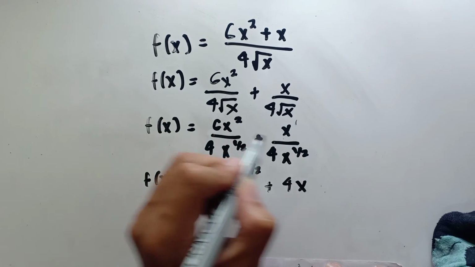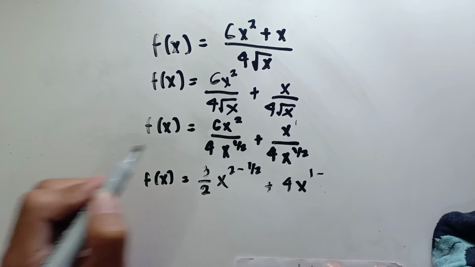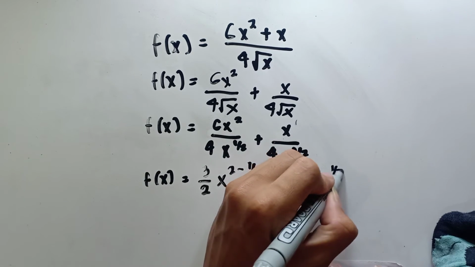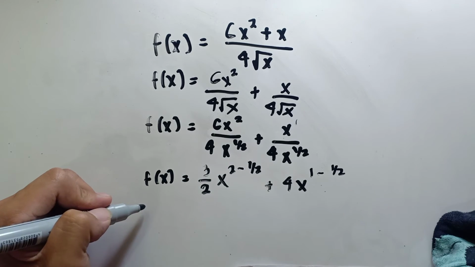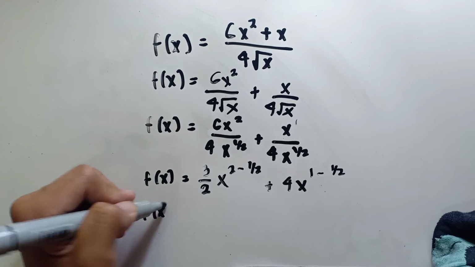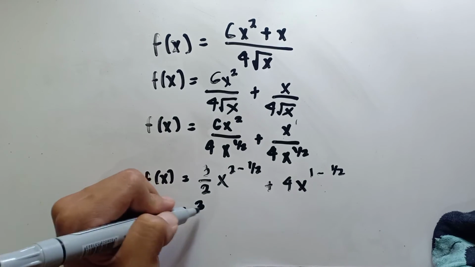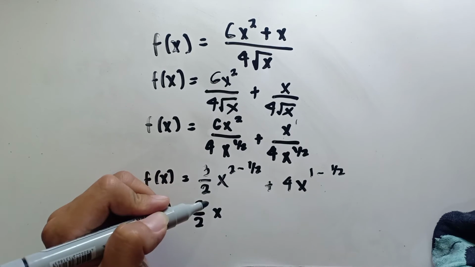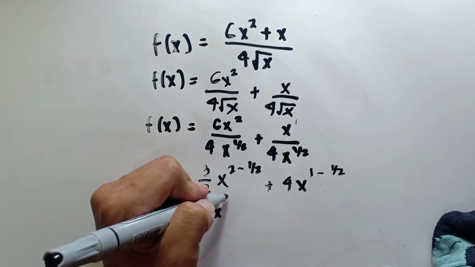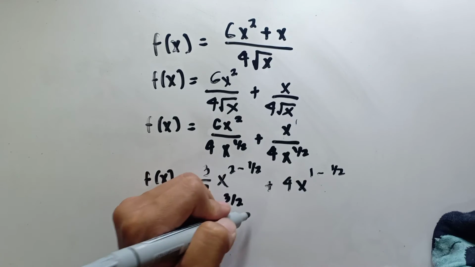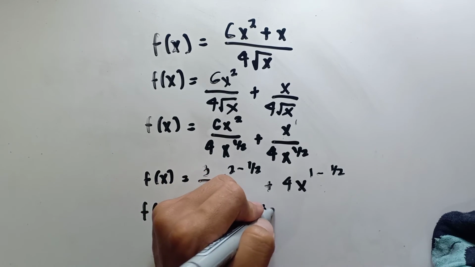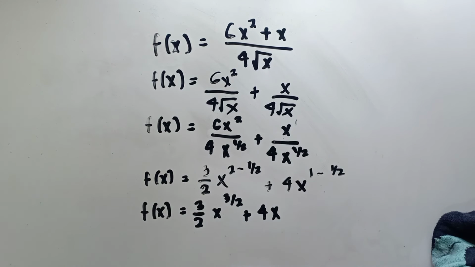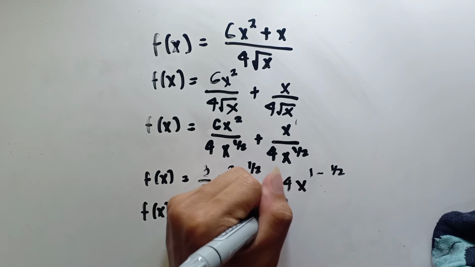We have here one exponent, which is 1, subtracted by 1/2. And so we can simplify further. 3 over 2, 2 subtracted by 1/2 is just 3 over 2, plus 4 multiplied by x raised to 1 subtracted by 1/2, which is 1/2.